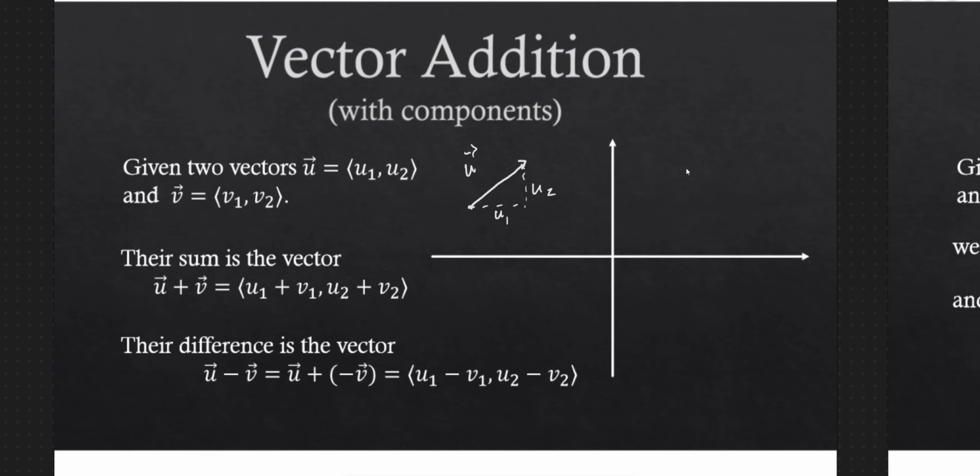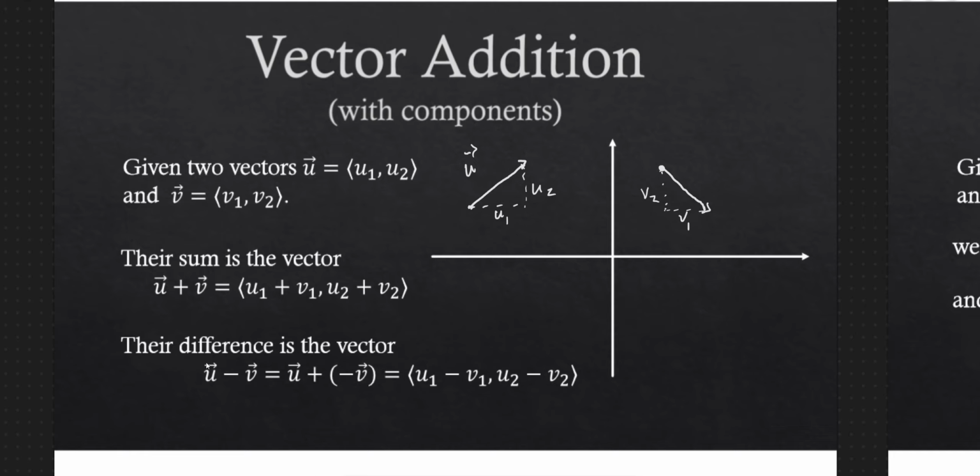And let's do something like this for v. This is going up v2. v2 here is negative, and over v1. v1 is positive here.